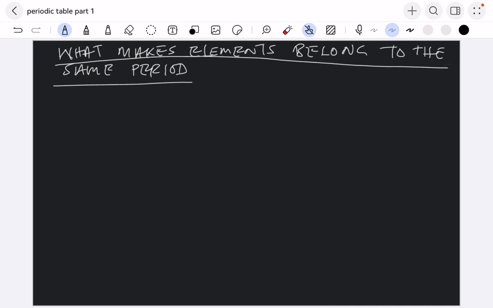So why is it that some elements are going to be placed in the same period? What is the guiding principle?